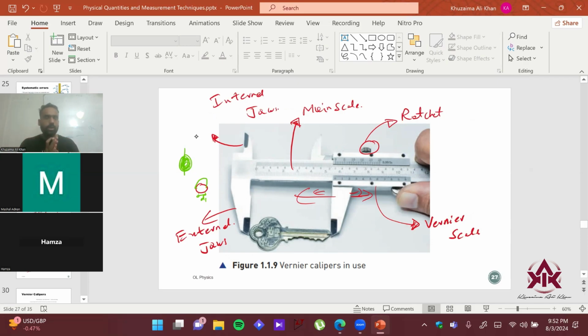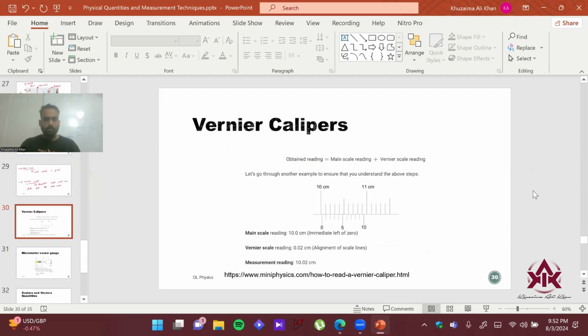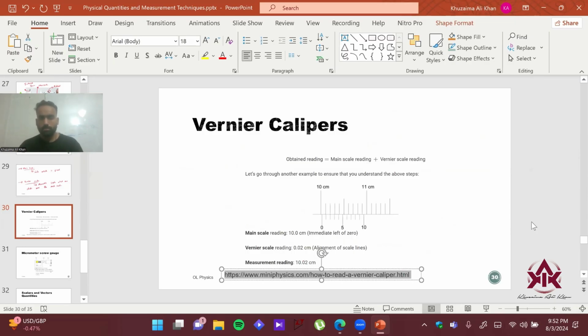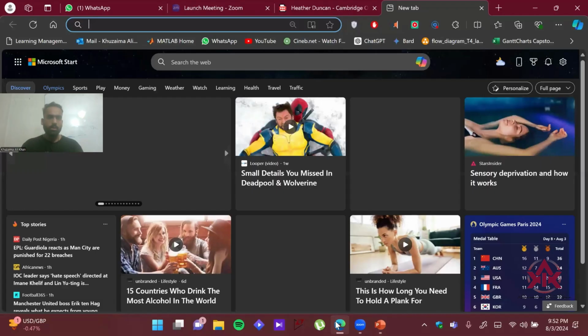Now let's learn how to take measurements using a vernier scale. So let's go on to that slide. Now इसके लिए मैंने एक link भी डाली हुई है bottom पे, which is pretty useful and it dictates everything in detail कि हम कैसे measurements लेते हैं. So you can just click this. मैं आपको जब slide भेजूंगा, you can just open this and read this document. This is pretty much in detail over here.